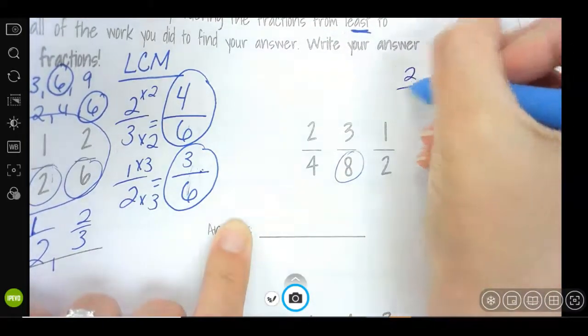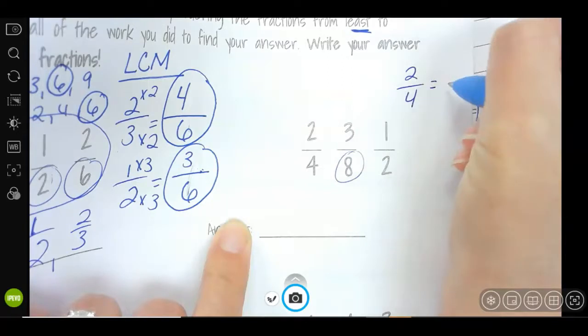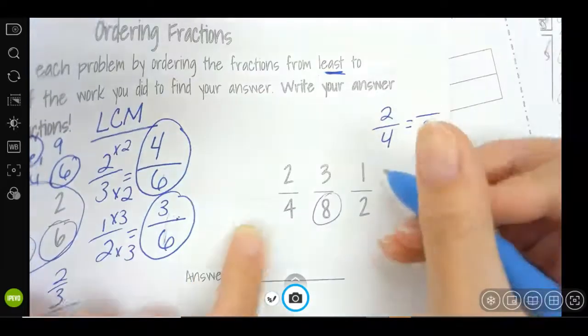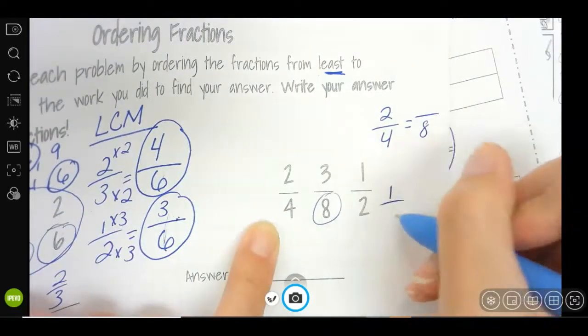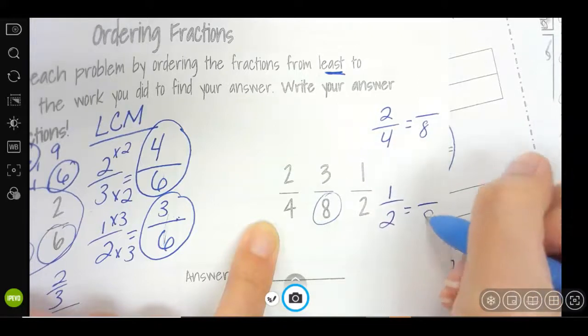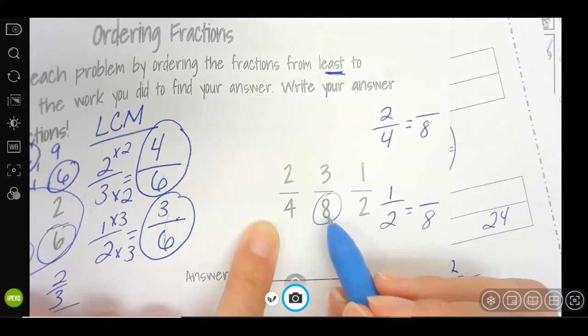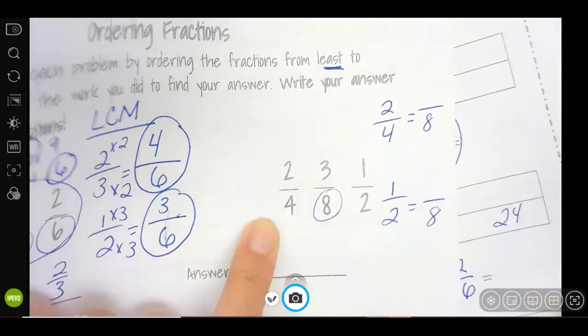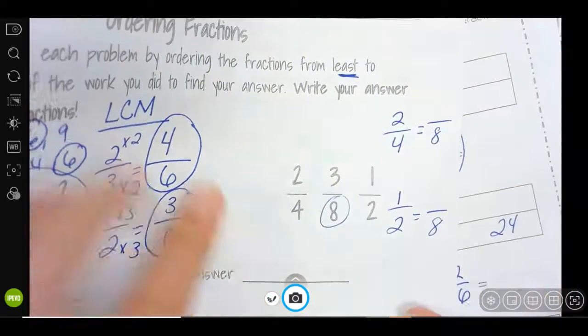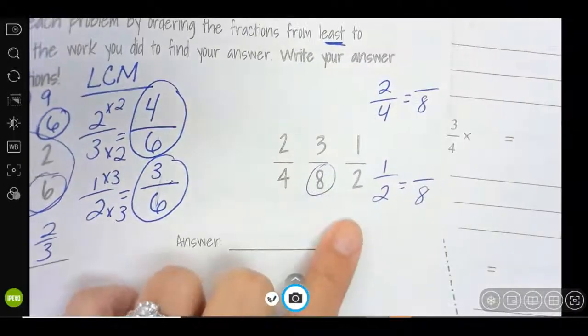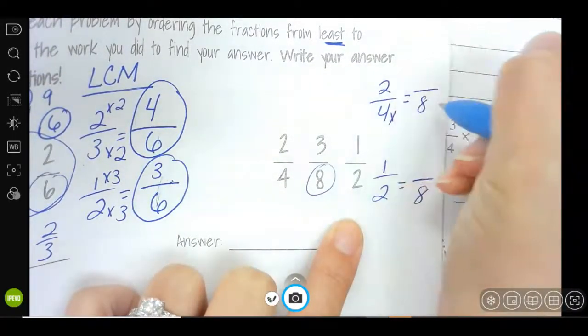So we have 2/4 has a common denominator of 8. And then 1/2 has a common denominator of 8. We don't need to change this one. Why? Yeah, it's already 8. Okay. How do we go from 4 to 8? Times 2.